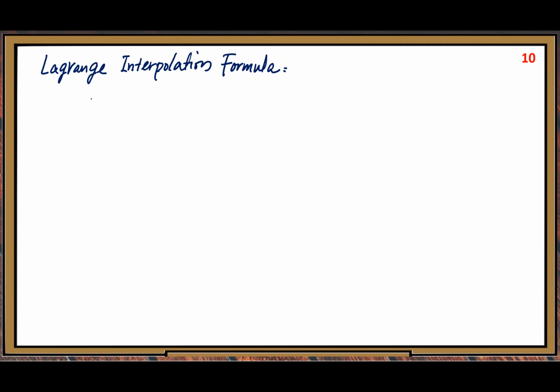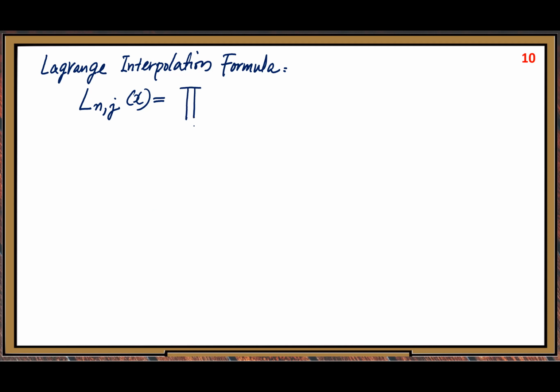Let me define the Lagrange function, L subscript n, j of x. It is a special polynomial. For each j, we use product notation.